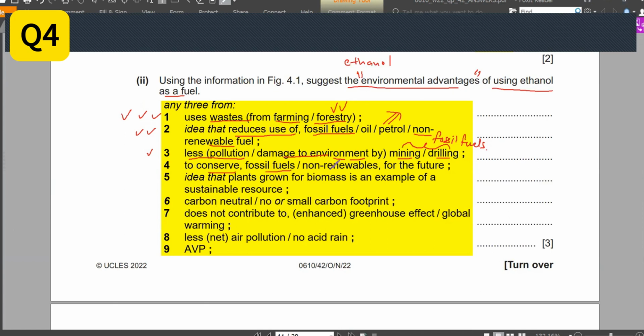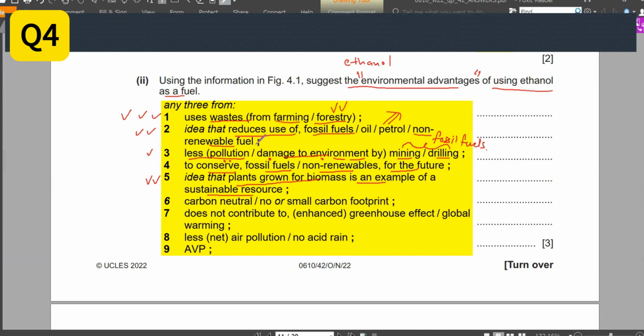Conserve fossil fuels, non-renewables, for the future, because the things like fossil fuels, the amount is limited. They are non-renewable. So if we use less now, we can save some for future use. That's good. Plants grown for biomass is an example of a sustainable resource.